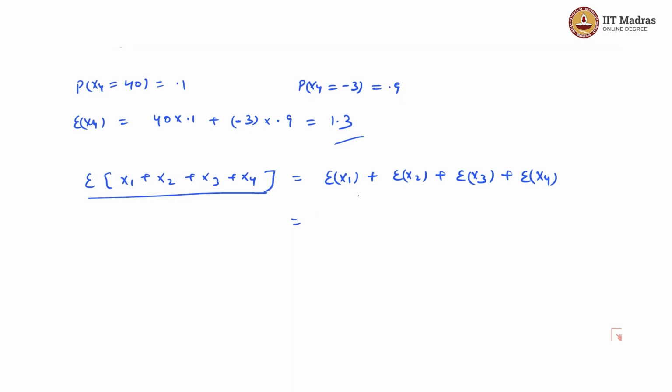We have E(x1) as minus 0.4, E(x2) is 3.9, E(x3) is 10.2, E(x4) is 1.3. So we'll get this as 15. So the total expected profit is 15. Because all units are in lakhs, the total expected profit is 15 lakhs.